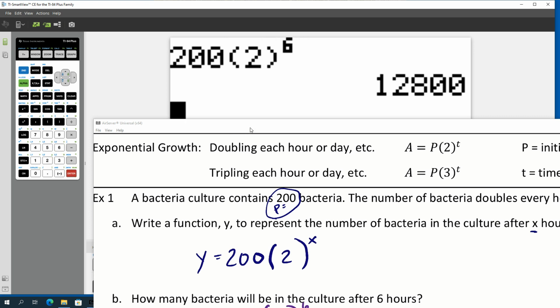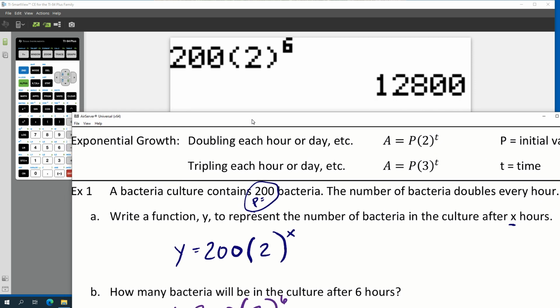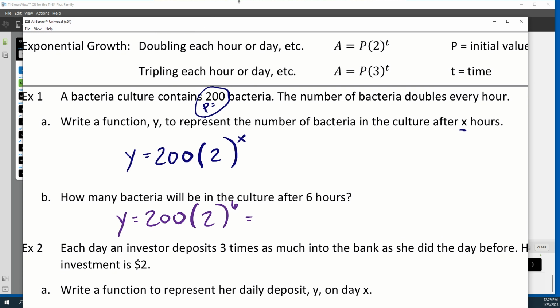All right, so after that amount of time, there's going to be 12,800 bacteria. So that's how you use the doubling formula.